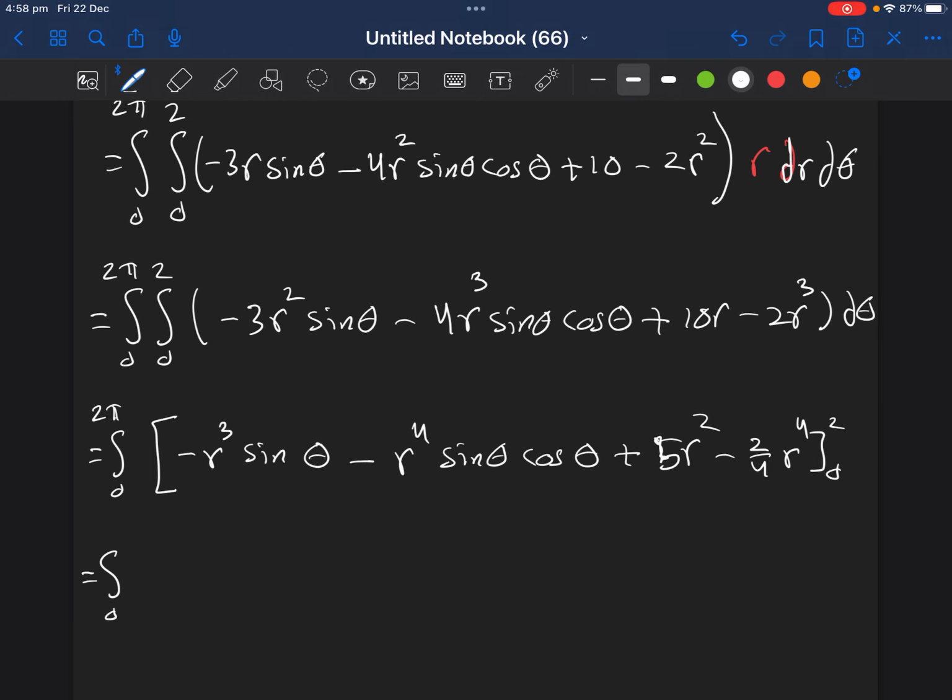If we just substitute 0, everything will go away. So we just need to substitute 2. So we'll get minus 8 sine theta, negative 16 sine theta cosine theta plus 20 minus 8, d theta.